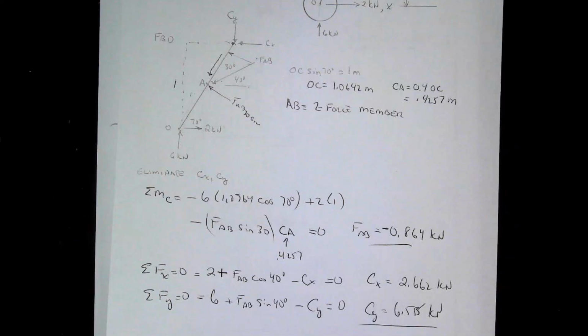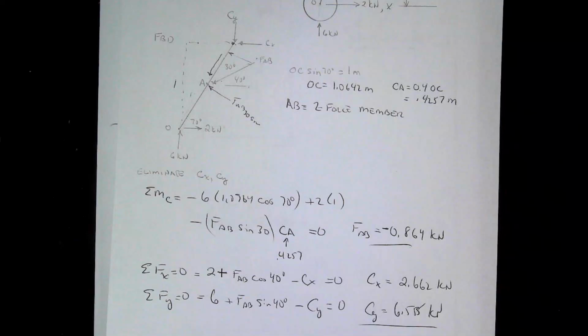All right? That's true. So there's 1 meter, and let's go to a pen which is darker. If I solve for OC, that would give me 1.0642 meters. So that's how long that is. Now, how long is this piece? Well, if this is 1 meter and this is 0.4 meters, the vertical from C to A, it says that from A to C, this is 40% of that.